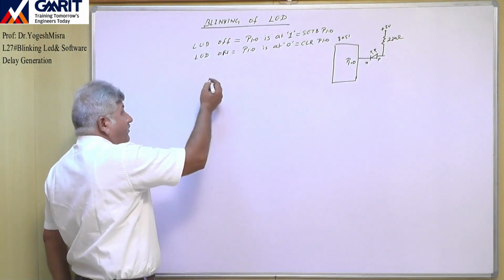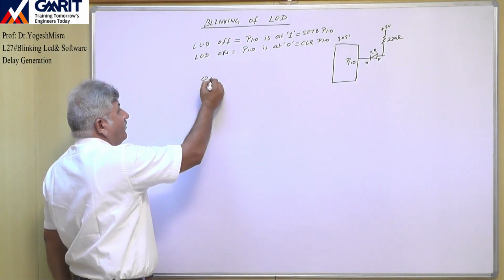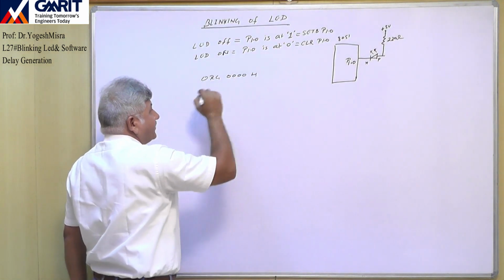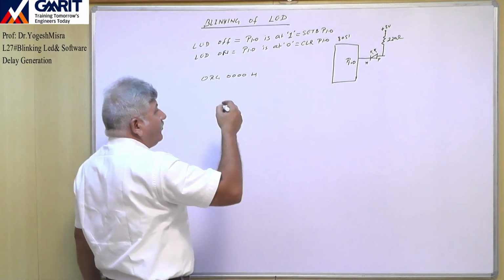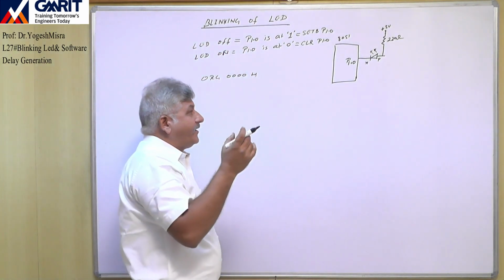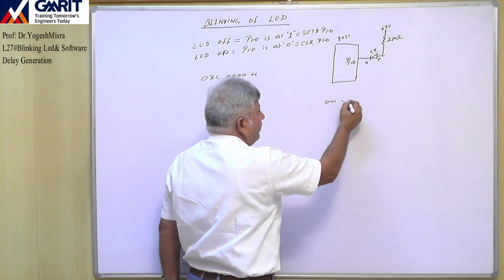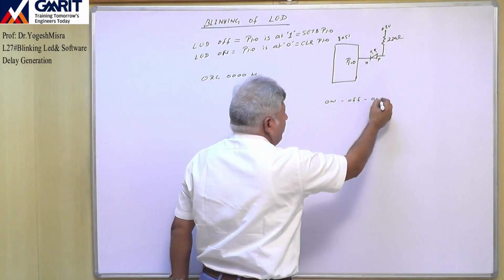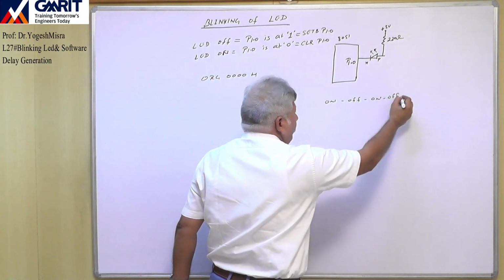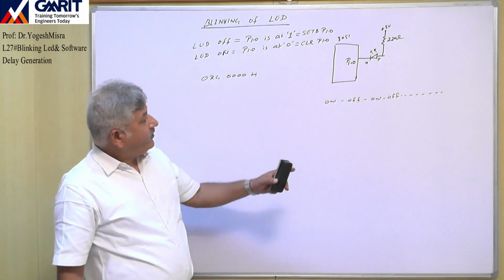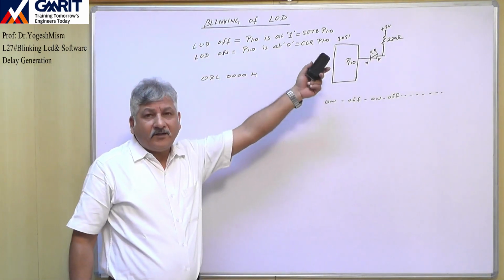Now if we write the program in this way, ORG 0000H. First we will switch on this LED, right? So our operation is on, off, then on, off. This will continue till the controller is on.